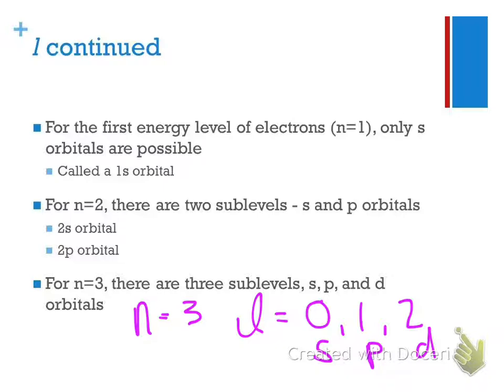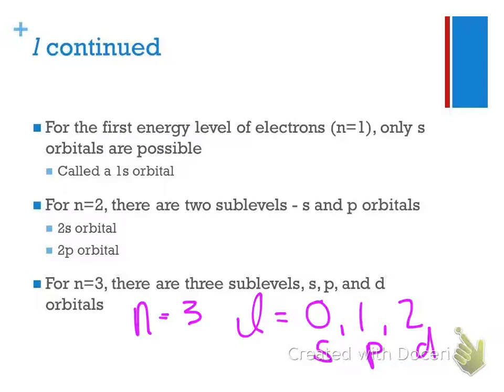When you look at the third energy level on your periodic table, we've got 3s, which is sodium and magnesium, 3p, which is aluminum through argon, and then we also have the 3d orbitals, which are scandium through zinc.